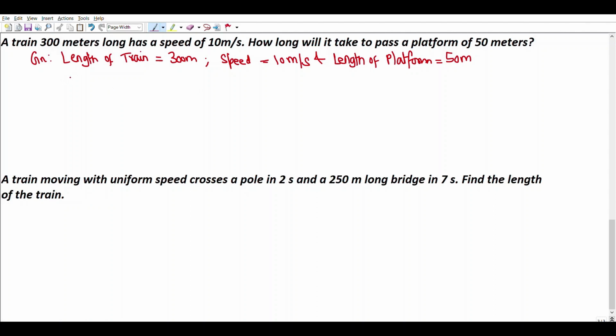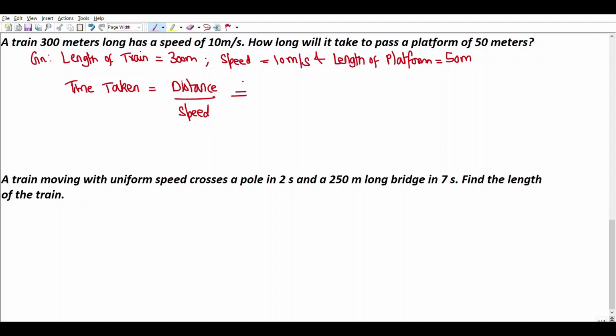So we know that time taken is equal to distance divided by speed. This is the basic formula of time taken.